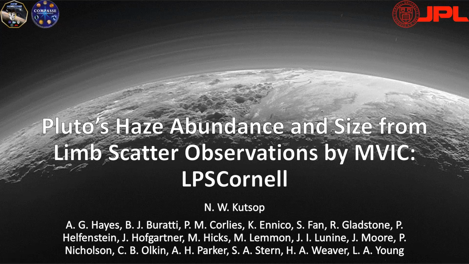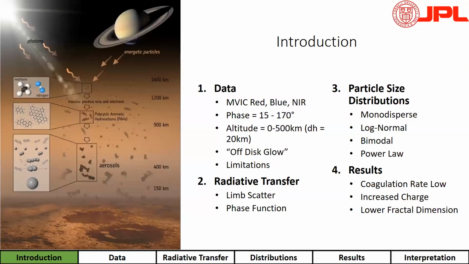I won't actually be talking about these layers, but this is a really unique feature, even in the outer solar system with other hazy bodies like Titan and Triton. Even among some of these famous haze bodies, this one is a really unique feature. So first off, what do I mean when I say haze? Because there's a lot of other stuff in the solar system which scatters light off the atmosphere.